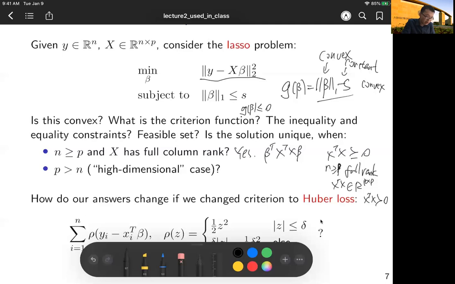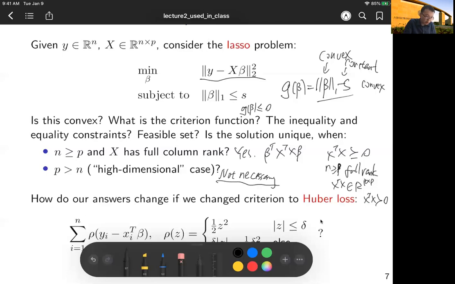So what happens when we are in the high dimensional regime, when the number of variables is larger than the number of data points? The answer is, well, not necessarily. You cannot conclude that the solution is not unique, but without knowing anything else, you also do not know whether it is unique.